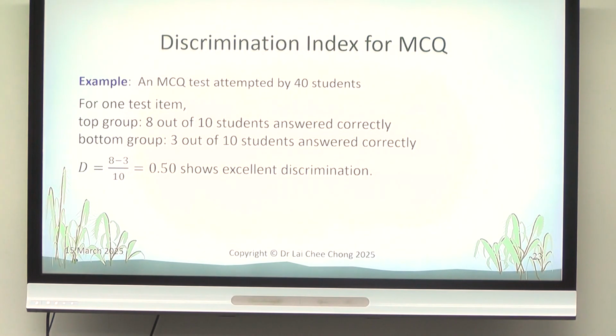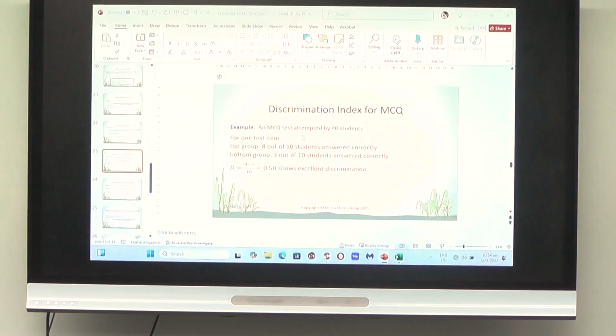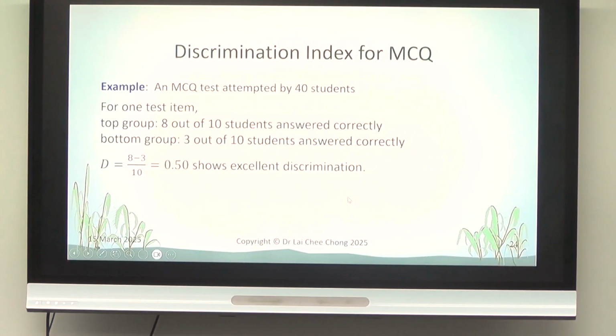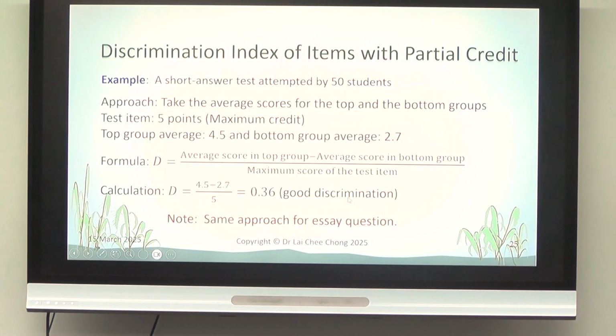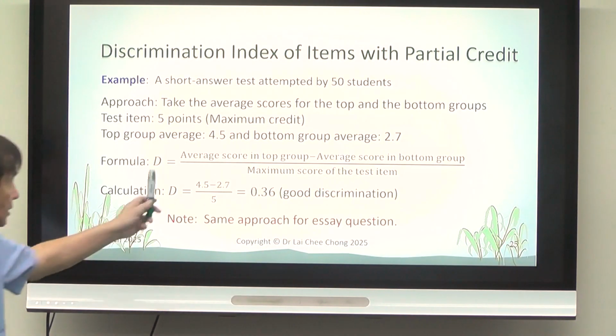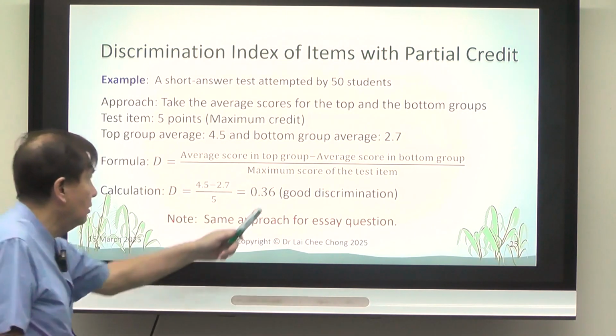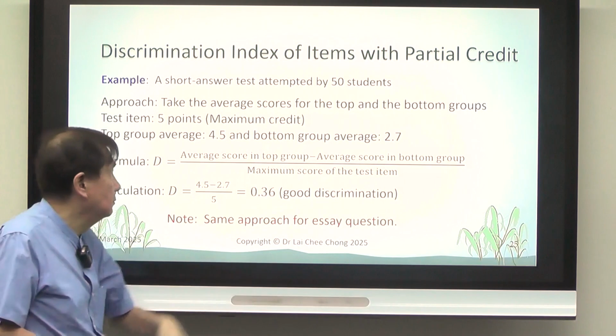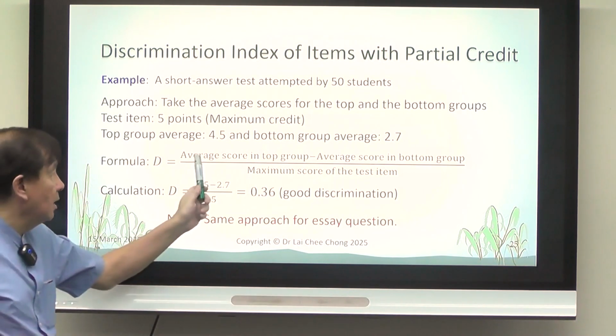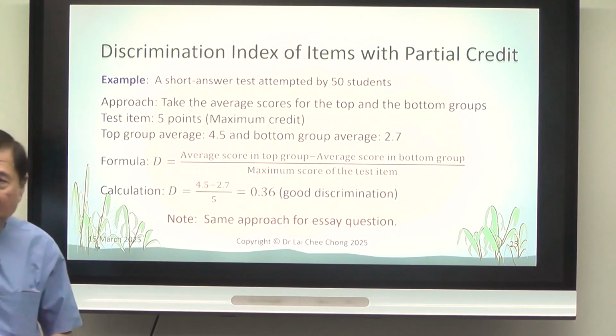Okay, we talked about this MCQ just now. Did I cover this one here? Okay, I did cover it. Take the average score of the top group minus the average score of the bottom group.